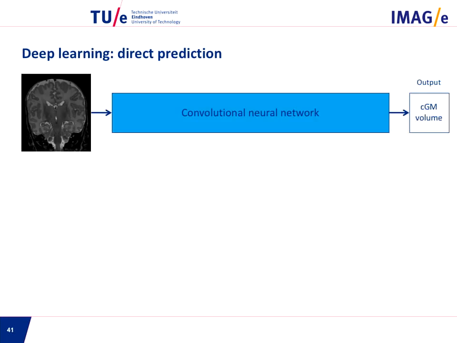So what we now also show is that we can actually skip a step in this process. So instead of going from an image to a segmentation, we can directly from the image predict the volume already.